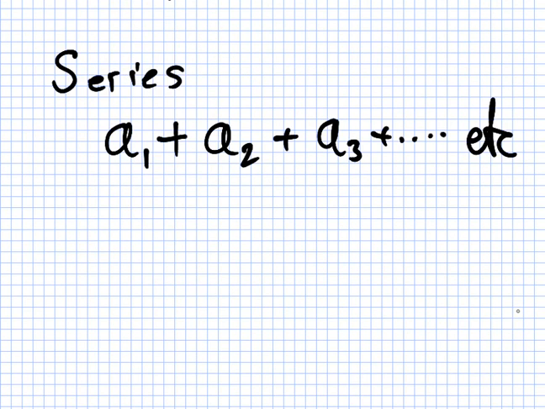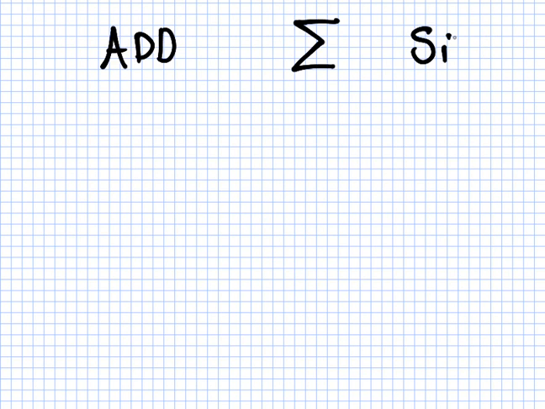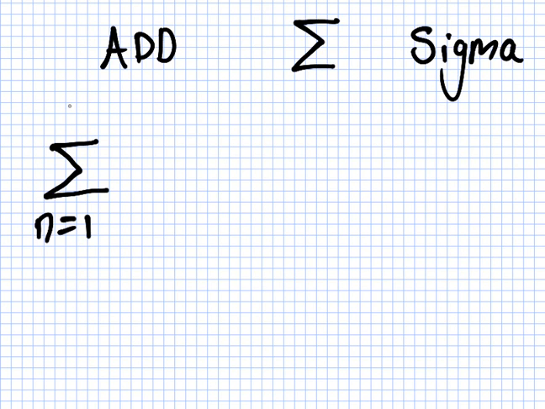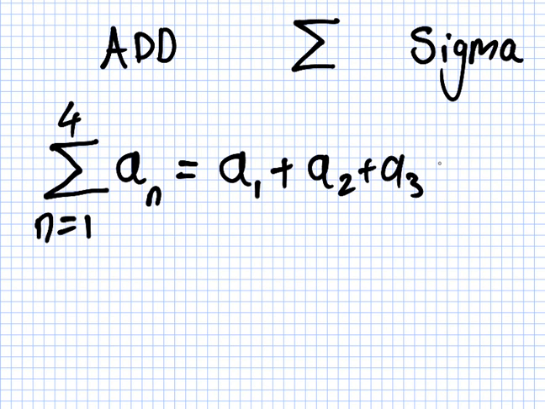So the symbol we use for when we want to add is this symbol, which is called sigma. Sigma, okay? So I'm sure some people have seen this before, but if I write something like this, from the first to the fourth term, add them together.